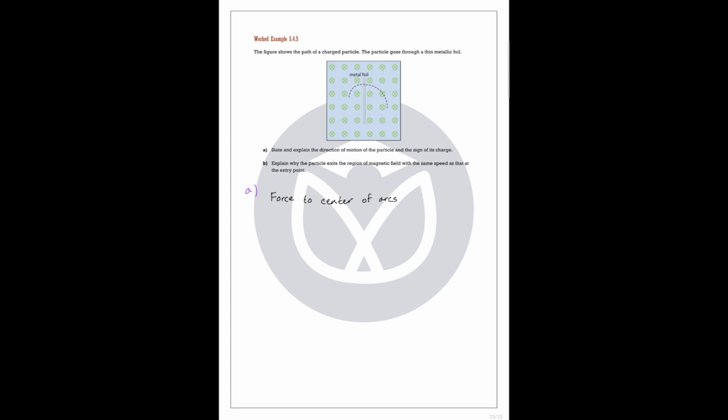And that the magnetic field is directed into the page due to the arrow tip illustration. So if we draw, say, a dot here to illustrate the particle, we can see that the force is towards the center of the arc.